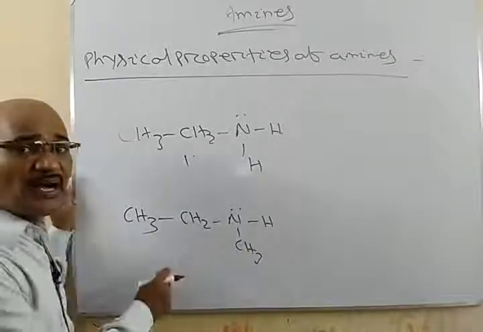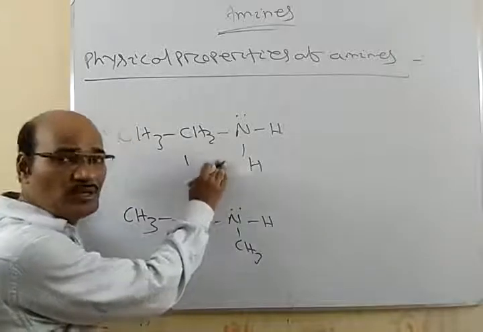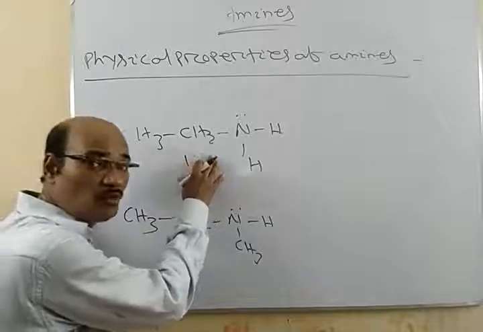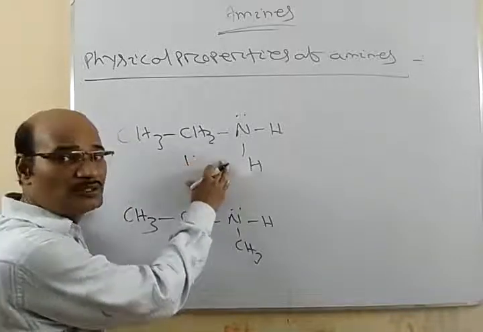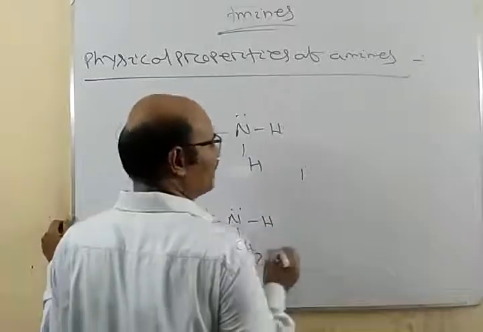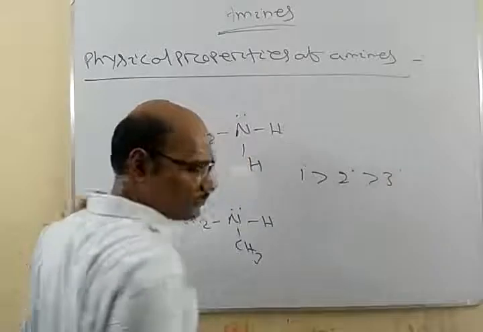So the extent of hydrogen bonding in primary amines is more than in secondary and tertiary. That's why primary amines have a higher boiling point than secondary and tertiary amines.